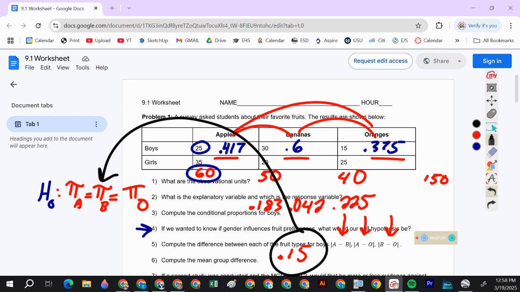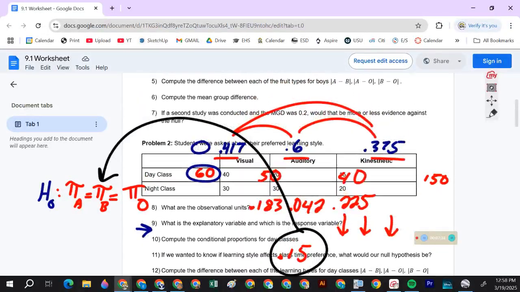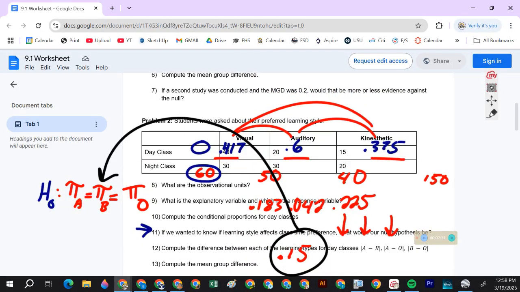The next question asks, if a second study was conducted and the mean group difference was 0.2, would that be more or less evidence against the null? That would be a larger average difference, so it would be more evidence against the null. Okay, and then you're going to do the same thing on the next 3 scenarios. All right, get to work.